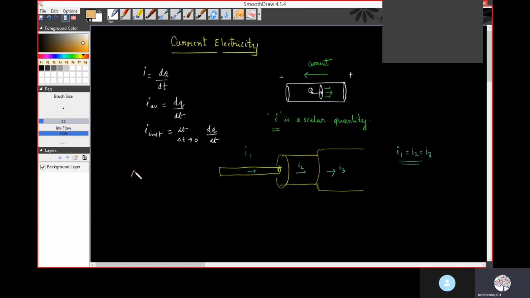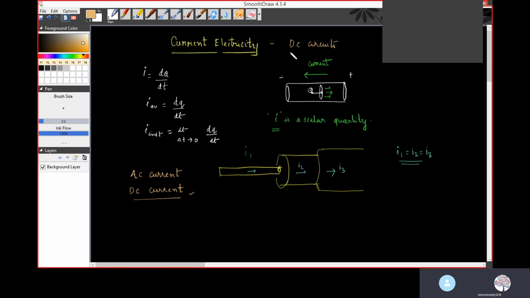Now there are two types of current. One is AC current, the other one is DC current. Here we discuss mostly DC current, so current electricity I can call DC circuits also.